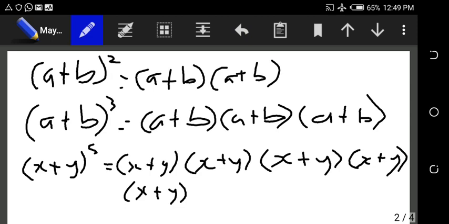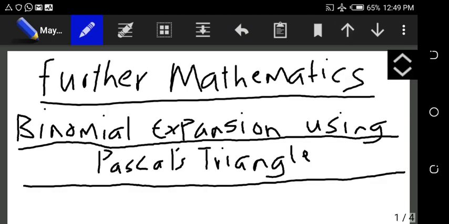Alright, but what we want to study today is a method, a means that can be employed in the expansion of these brackets, and one of them is the method known as Pascal's triangle. Pascal's triangle has been in existence for centuries, but it was brought to limelight by a man named Blaise Pascal.